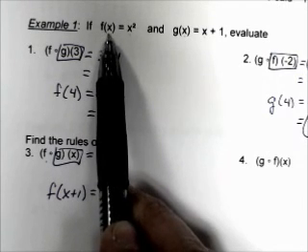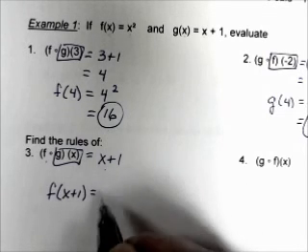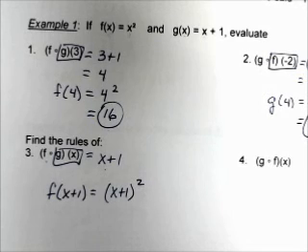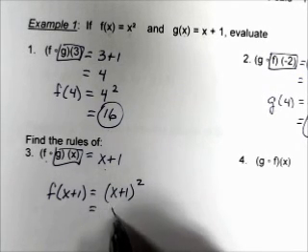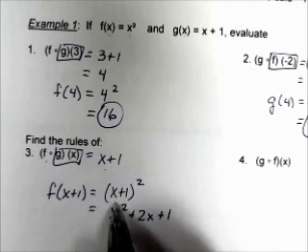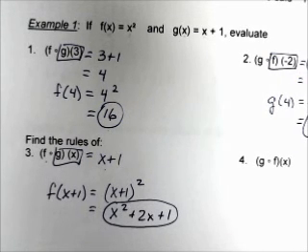Replacing this x with x plus 1, we also replace this x with x plus 1. So that would be (x plus 1) squared. FOIL that, and you get the trinomial x squared plus 2x plus 1. So this is considered the rule of f of g of x, because the variable remains. We're not evaluating with an actual number.